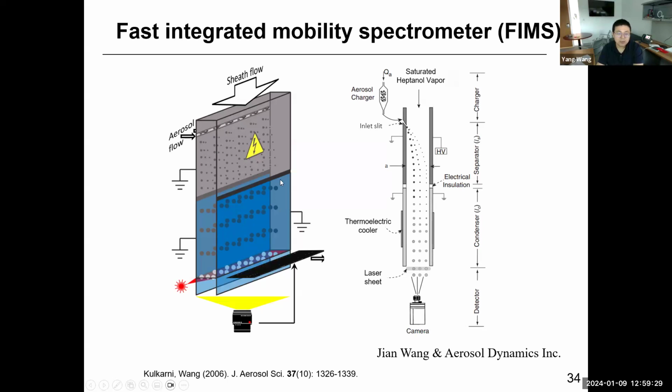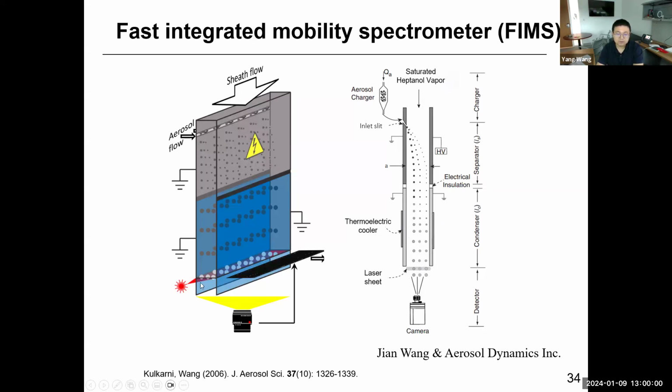After that, they enter this grounded low temperature region. We call this the condenser. At the same time, there's again a clean sheath flow, but we saturate the sheath flow with heptanol vapor, alcohol vapor. Because of that, in this condenser, which is operated under lower temperature, the vapor is going to grow onto these tiny particles until they become supermicron droplets.